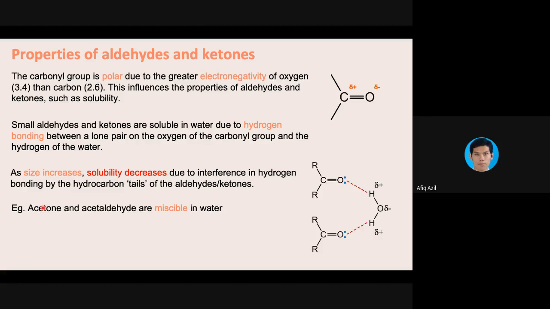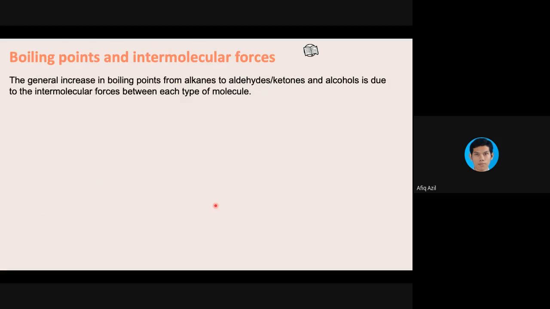If you put color on your nails, it can be used to clean all of that paint back. So acetone and acetaldehyde are miscible in water, but if the number of carbons in the R group becomes larger, it becomes less miscible. It becomes immiscible, in fact.